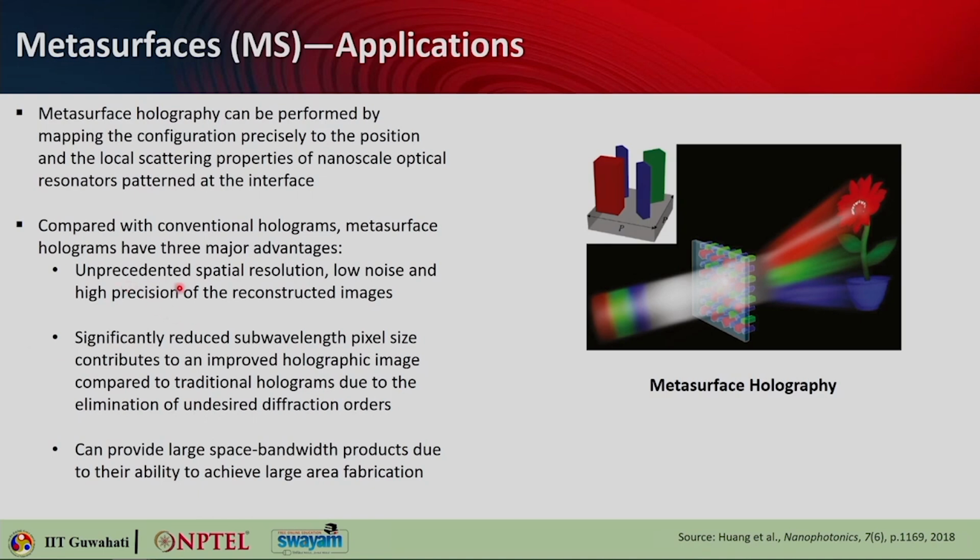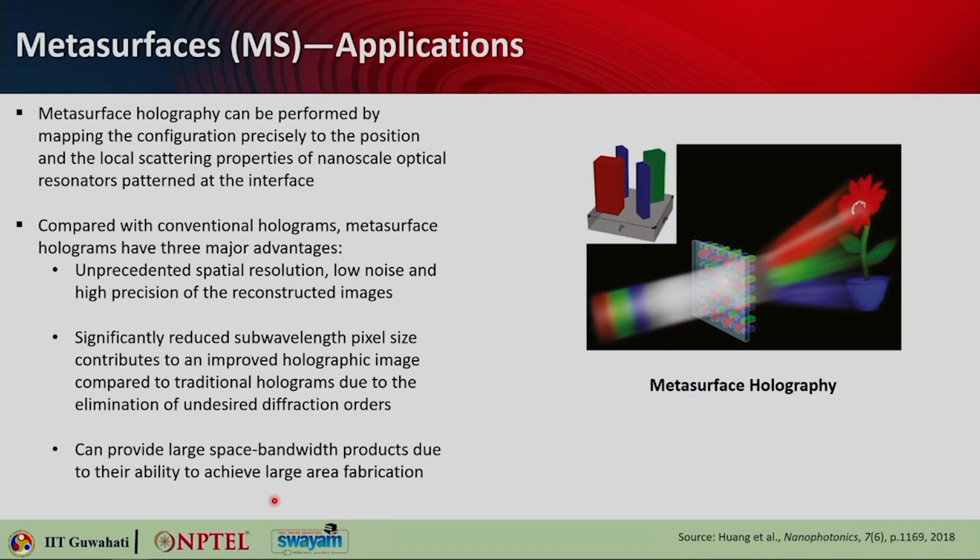Something like you can get unprecedented spatial resolution, low noise and high precision of the reconstructed image. Okay, significantly reduced sub-wavelength pixel size contributes to improved holographic images compared to traditional holograms due to the elimination of undesired diffraction orders. And they also provide large space bandwidth products due to their ability to achieve large area fabrication.